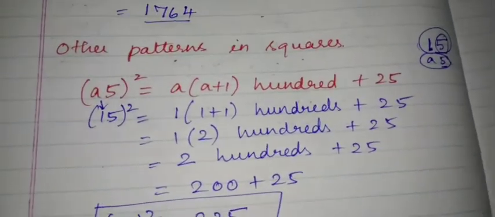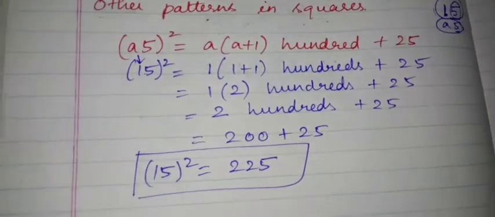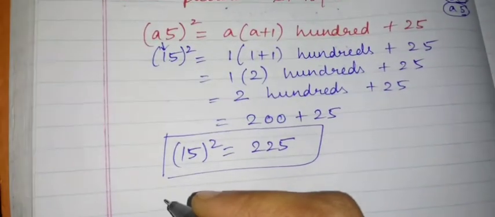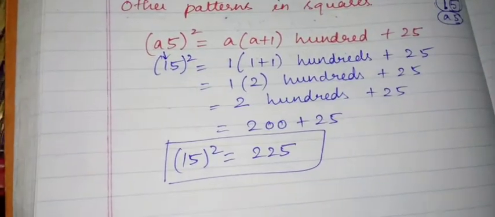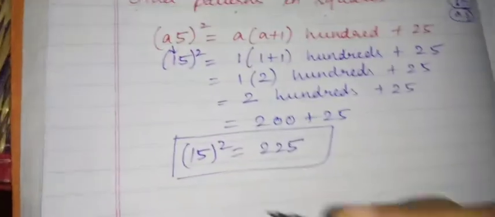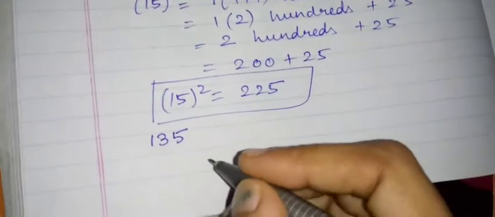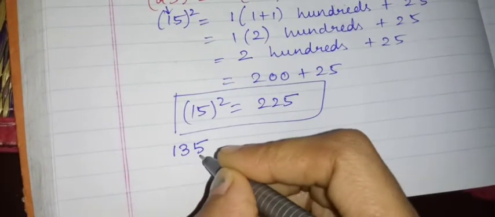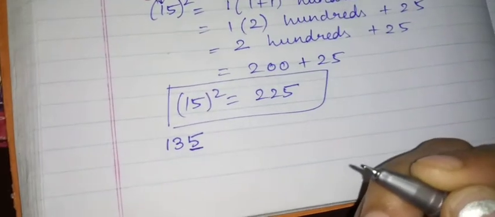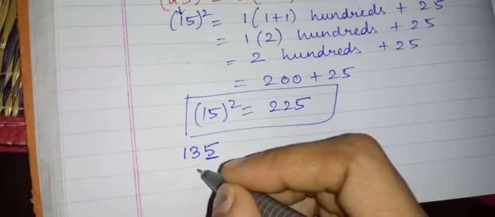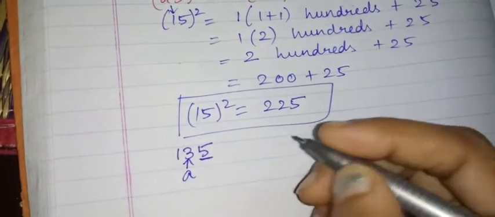You can take any number, no problem. Think of some number with 5, like 135. So what is A here, children? 135 is a number with unit digit 5. So A is 13.